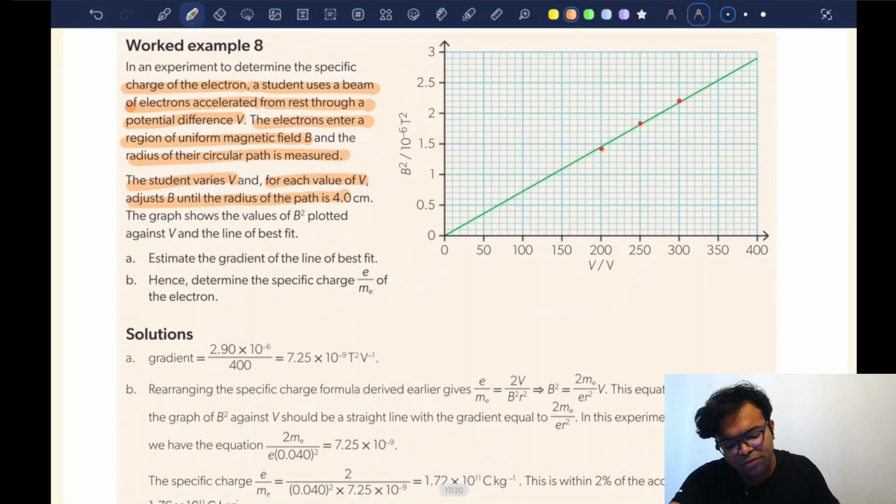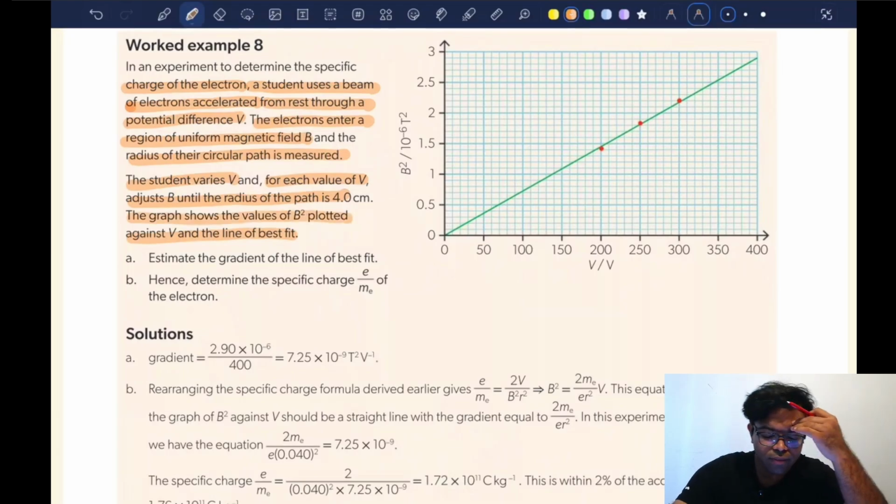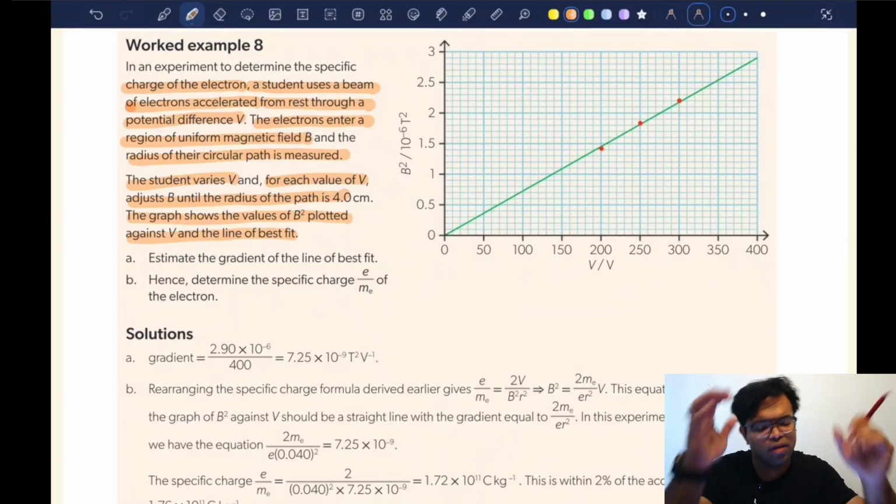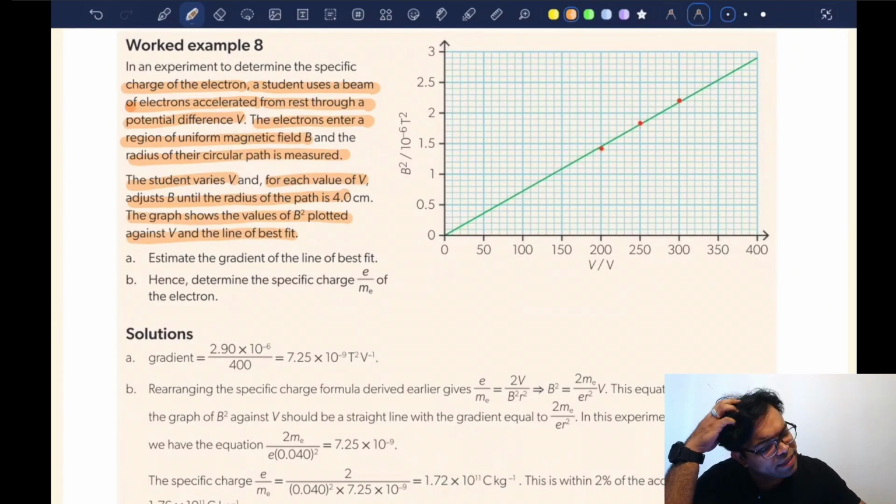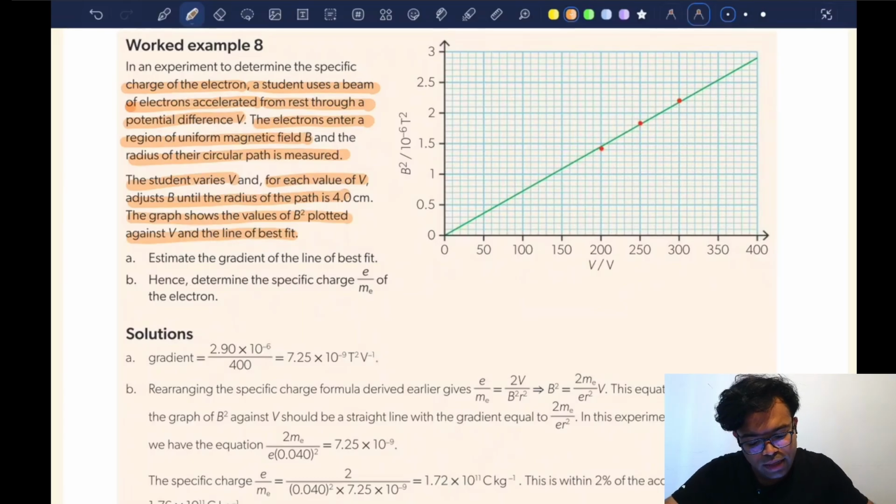So the graph shows the value of B squared plotted against V and the line of best fit. Estimate the gradient of the line of best fit. Gradient means this thing only, no? The tan theta. Gradient is nothing but tan theta. So you can say that tan theta will be equal to how much?